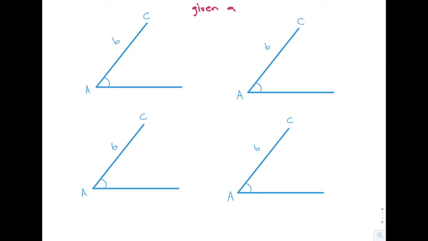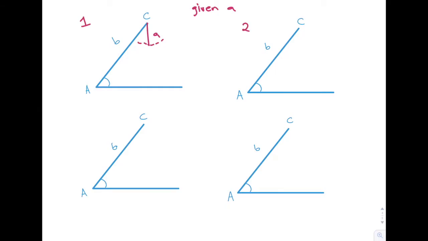Now I just want to kind of postulate at different lengths of this side. So in case 1 here, in this incomplete triangle 1, if A is too short, we can't swing it one way or another to create a triangle based on the length of B and the angle that we currently have. So in that case, we're not going to have a triangle.